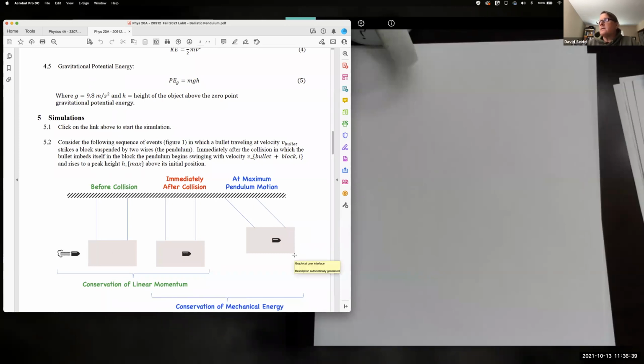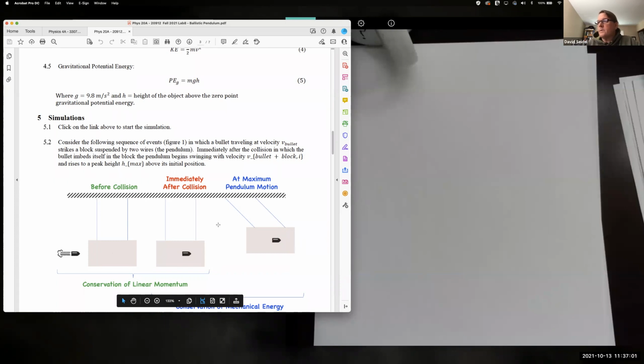Now, in practice, with the original ballistic pendulum, you would have actually a slider put right here, and you'd measure the horizontal distance that it moved, because that would give a nice measurement, and you'd use some trigonometry then to determine the height.